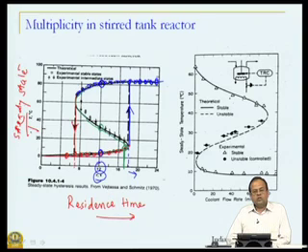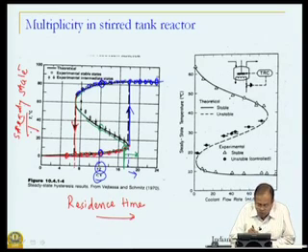So, let us say that some fault develops in your pump, so your flow rate, instead of what was desired, actually decreases. What would it mean? It would mean that your residence time would increase.